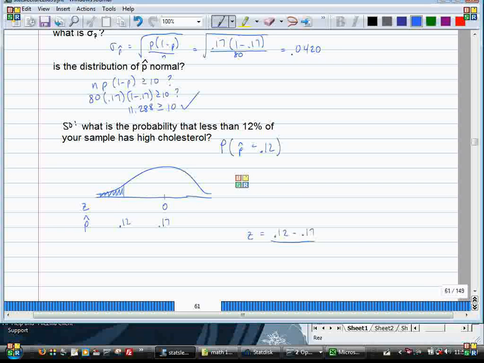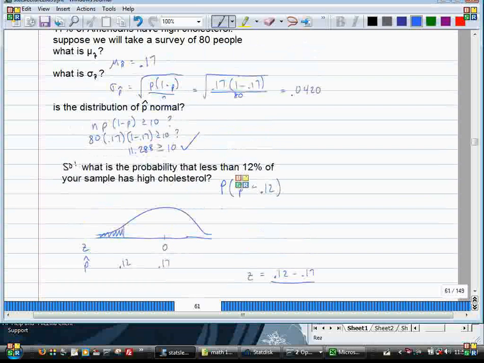Right, your data value. And what goes second? The mean. We just said that 0.17 is the mean. And then what do you divide by? The standard deviation. And what's our standard deviation? 0.04. There you go.